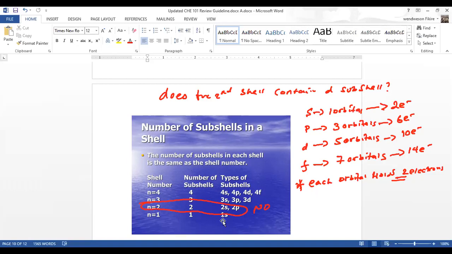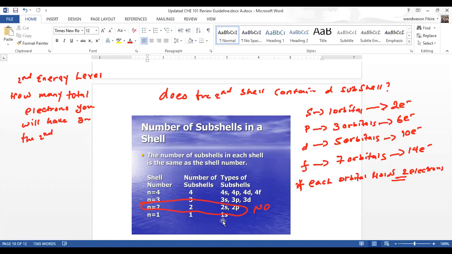For example, how many total electrons do you have in the second energy level? That'd be 8 altogether. How many total electrons will you have in the second energy level?